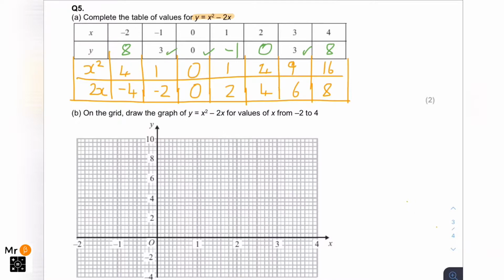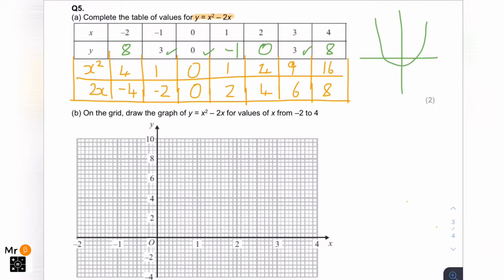You will also notice with most quadratic questions you have repeated values, and that is because our quadratic graph is perfectly symmetrical. So now if we plot this graph, we know that it's going to give us this U-shape parabola, so that means it's going to be perfectly symmetrical.